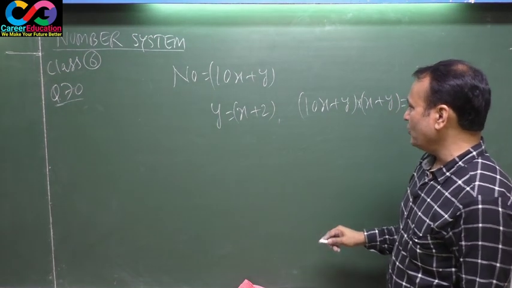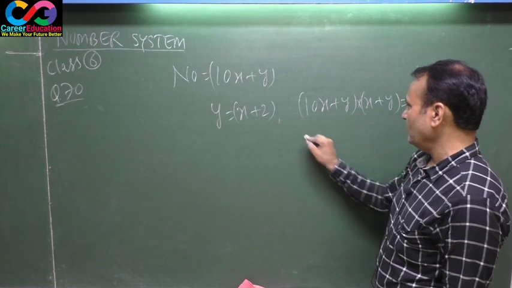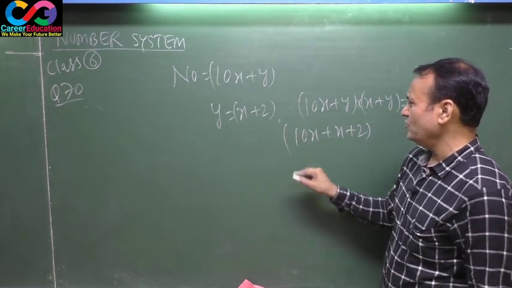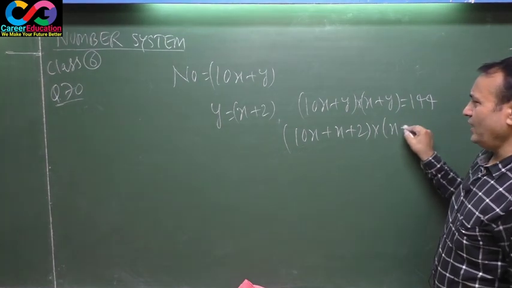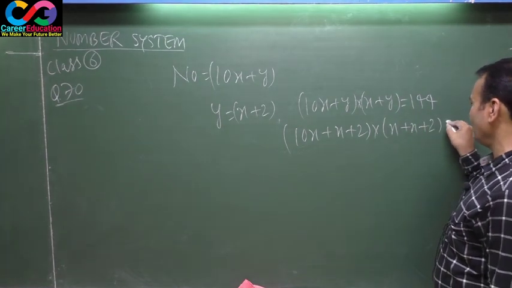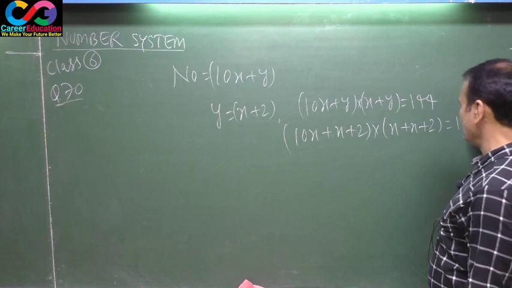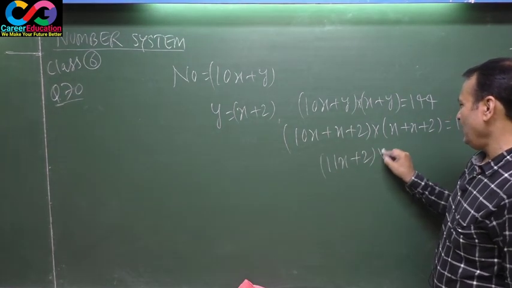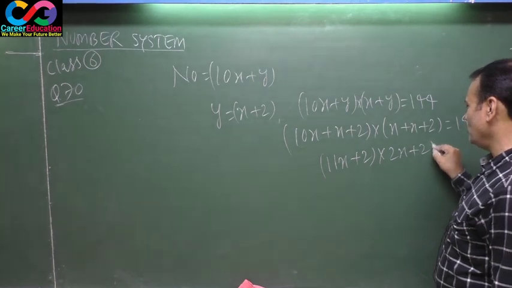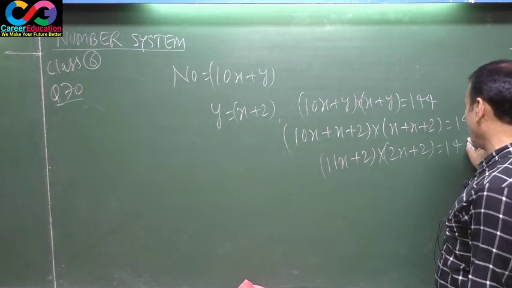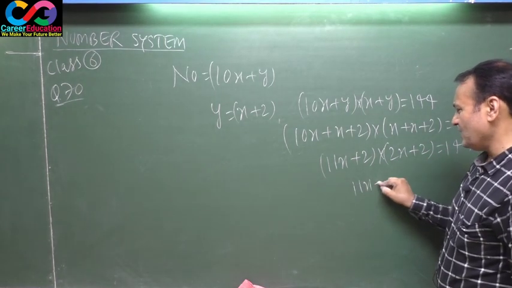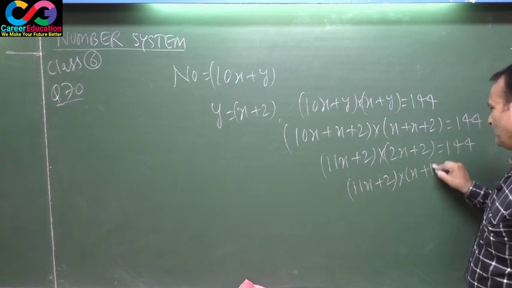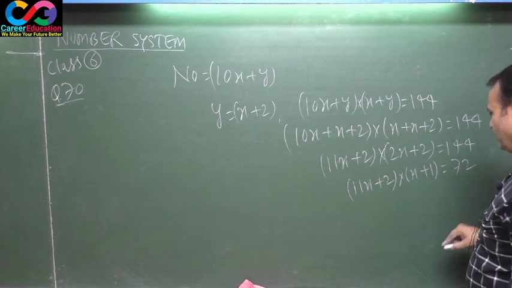Now put y equals x plus 2. This is 10x, y equals x plus 2. Now 11x plus 2 and 2x plus 2 equals 144. Taking 2 as common, x plus 1 equals 72.